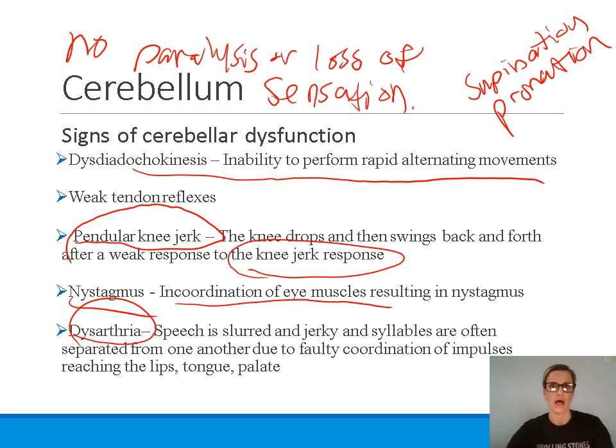It's just that there's no coordination with muscle contraction. So the muscles are not paralyzed, so they don't completely atrophy and wear away. They're still there. They're just not coordinated. And there is some loss in tone, so like some weakness in that sense. But loss of coordination is just huge.